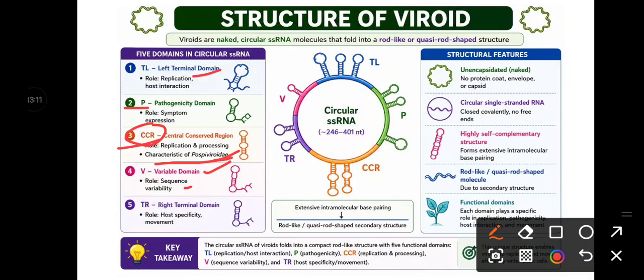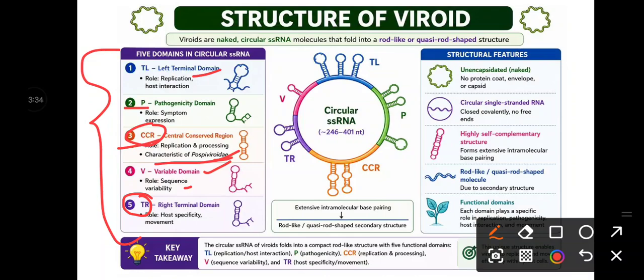This is for sequence variability. Next, the final 5th domain, the right terminal domain. It is also for host specificity and movement. So this is about the 5 domains present in the viroid RNA structure. Remember this, this is important.